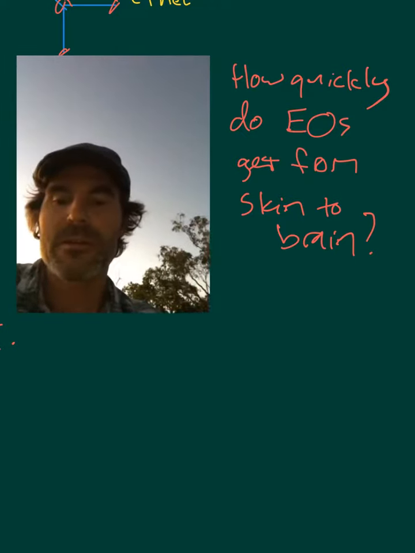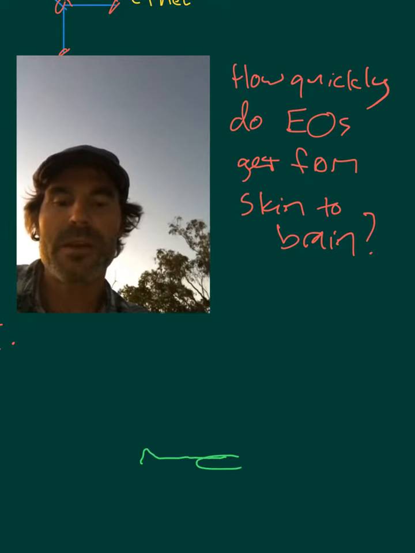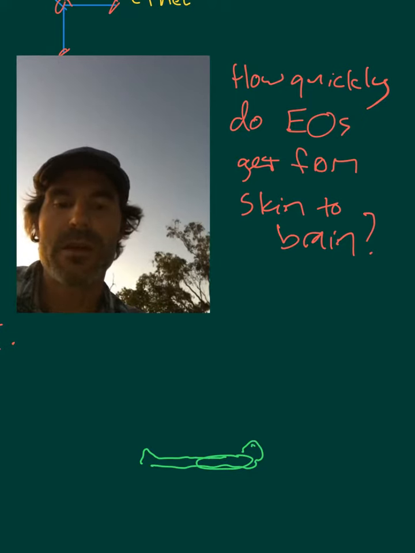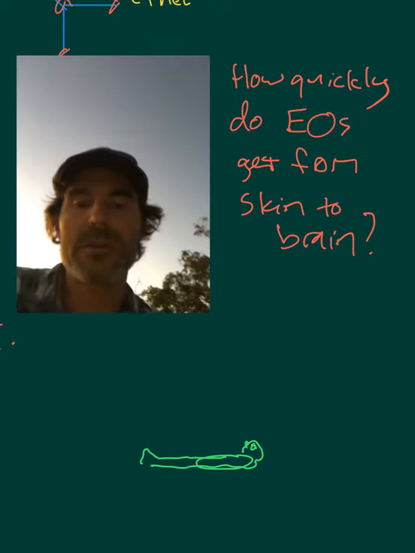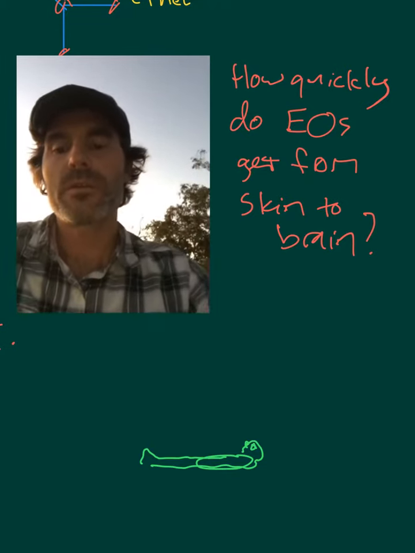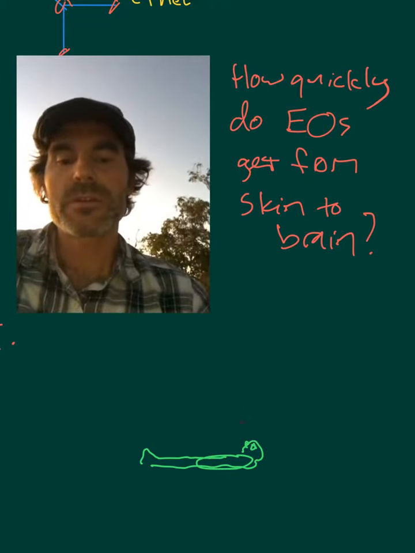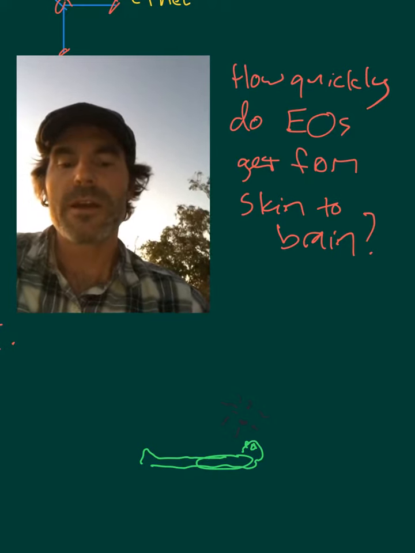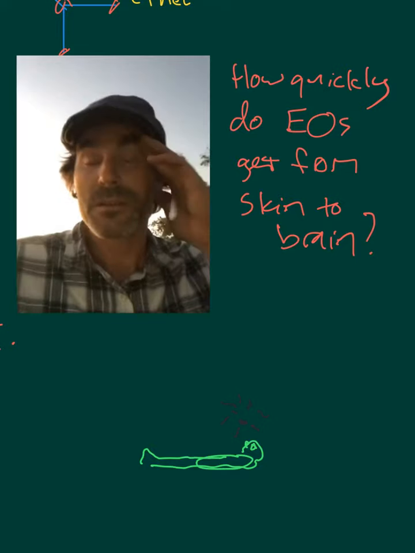It's a really difficult experiment. It involves laying down a whole lot. So if this is you laying down on your back, looking up at the sky, if you look up at a really bright blue sky, what you'll see is little squiggly things moving around in your vision. And these, you're not going mad.